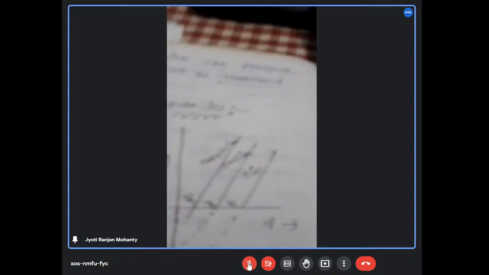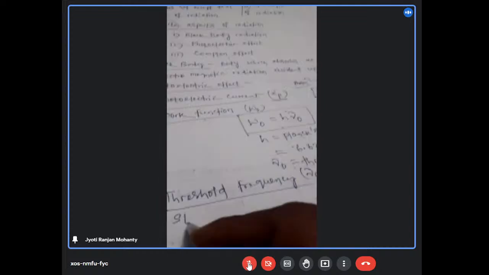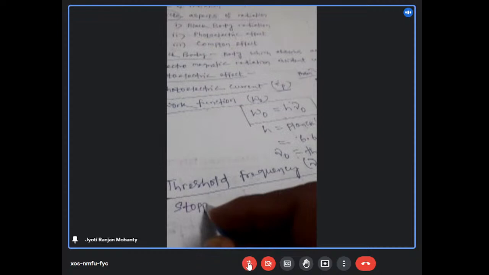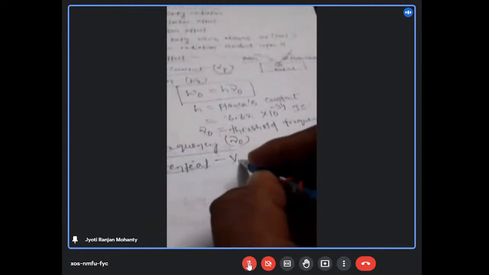So next, what is stopping potential? Stopping potential means I can take the symbol as V0.